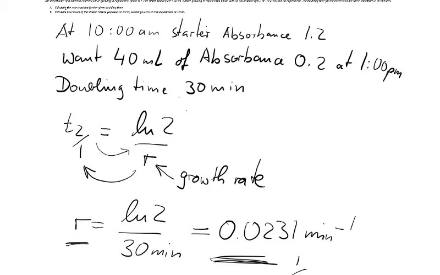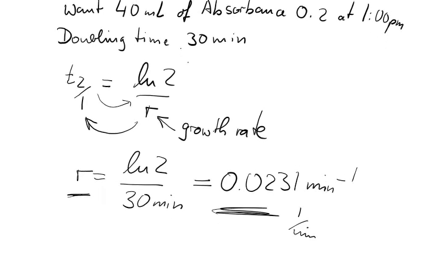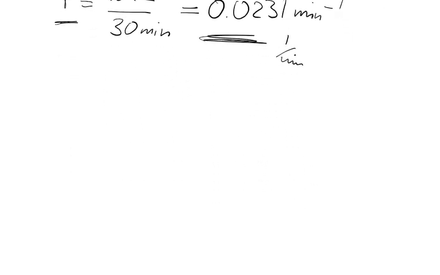The question basically says, how much of the starter culture do we need at 10 so that we can do our experiment at 1? What does this question mean?